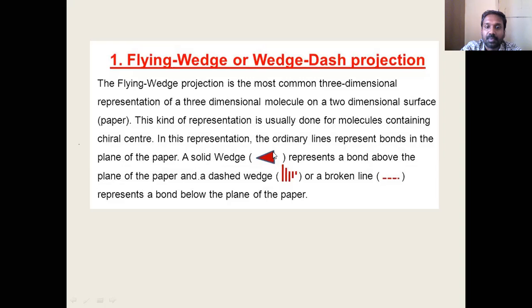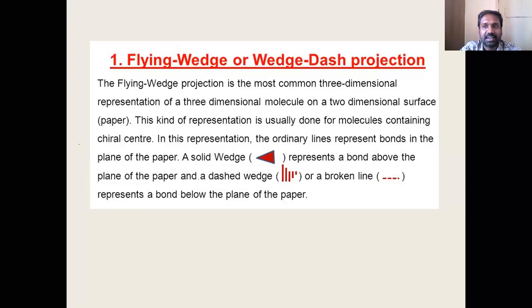It is a thickened line like this. The 4th bond we represent by a broken line called a dashed wedge. This is a solid wedge and this is a dashed wedge. Sometimes instead of a dashed wedge, a simple broken line is used.